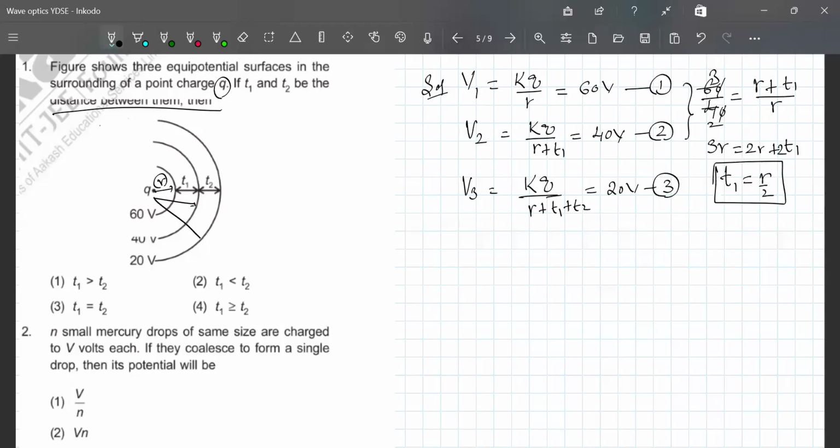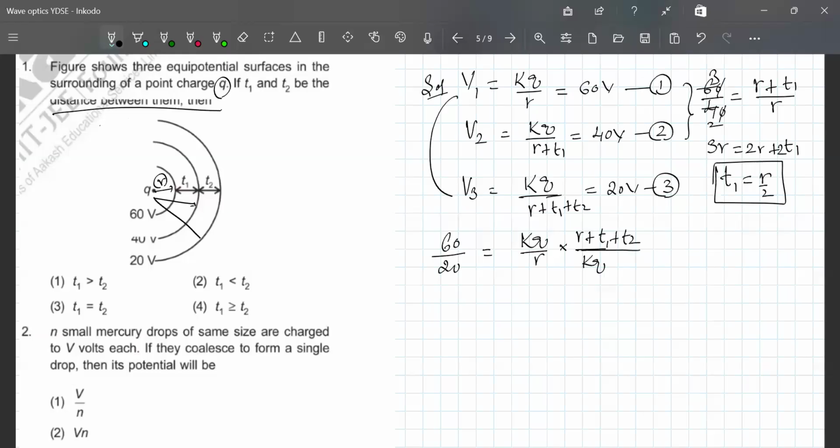This is t1. Now again, if you take the first equation and third equation, this is 60 by 20. We can write KQ by r, and this is KQ by r plus t1 plus t2.